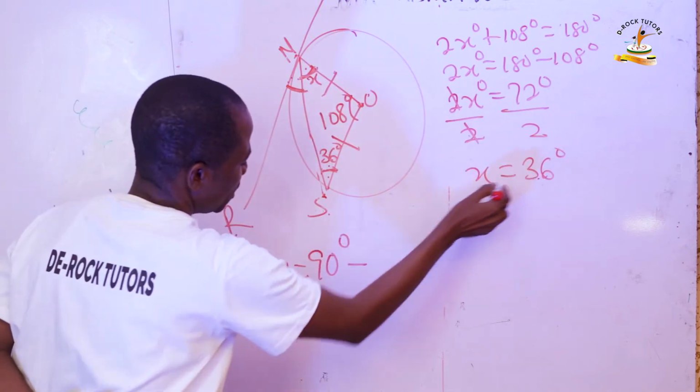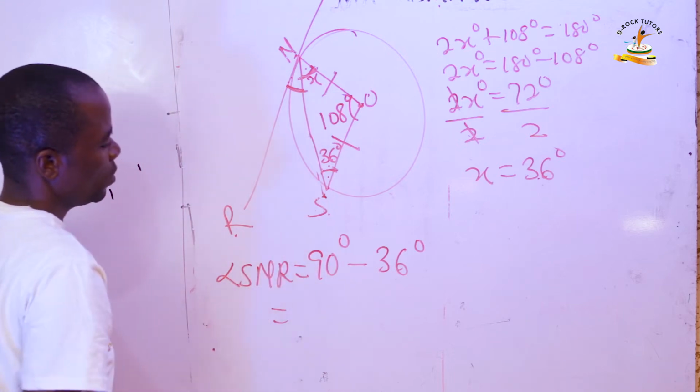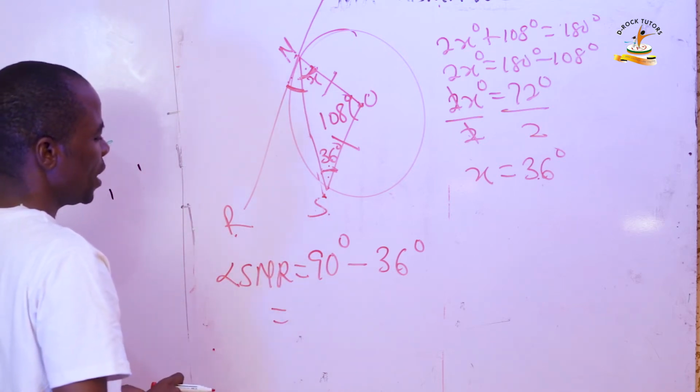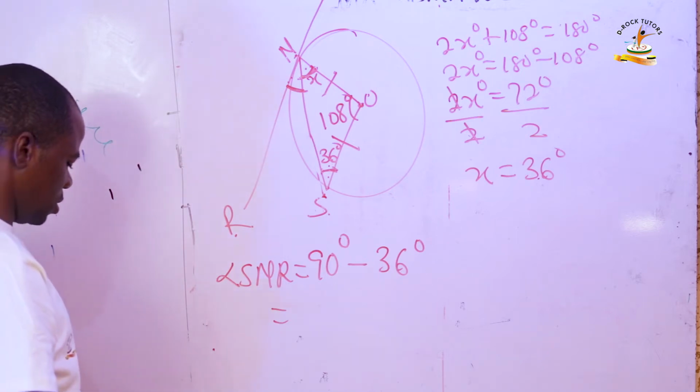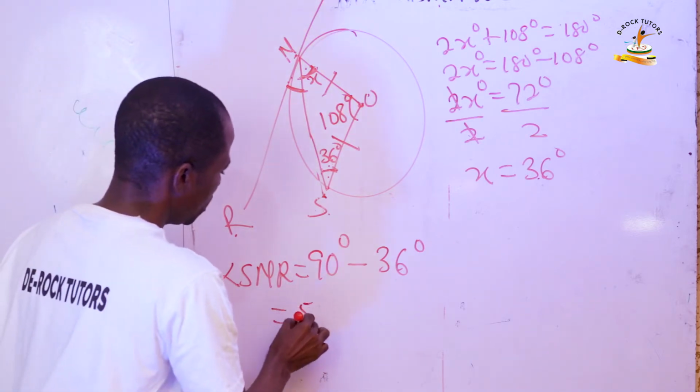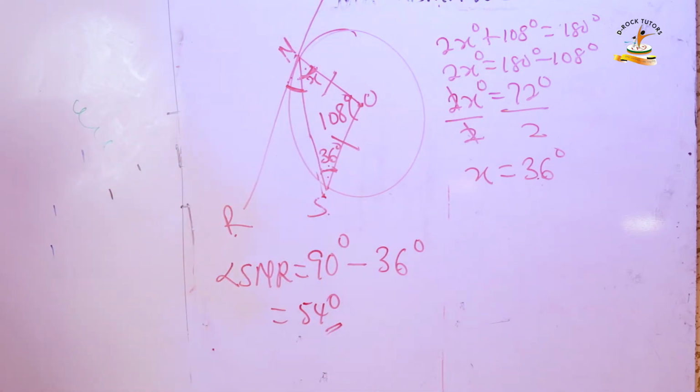Don't forget, x is 36 degrees. So the angle here will be 90 minus 36 degrees, which gives us 54 degrees. And that will be option C.